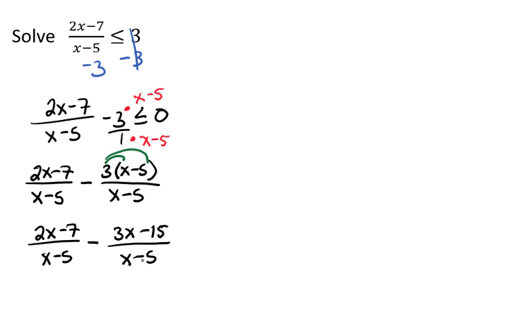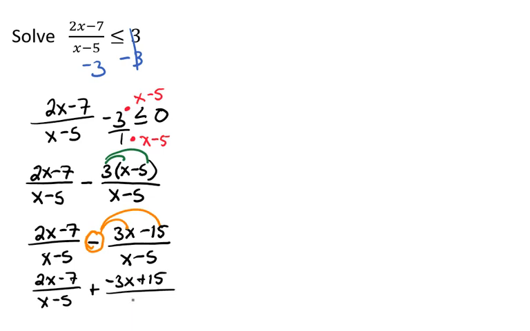So at this point we can combine these, but it's actually a little bit easier while we still have them separated if we distribute this negative sign to both of our numerator pieces, which would leave us with (2x - 7)/(x - 5) plus (-3x + 15)/(x - 5).